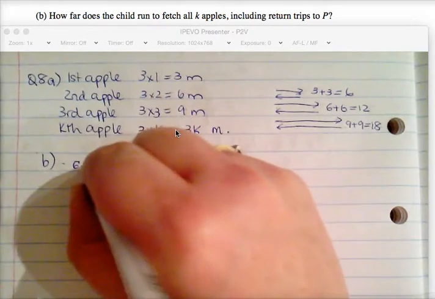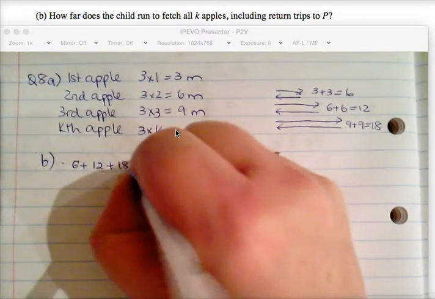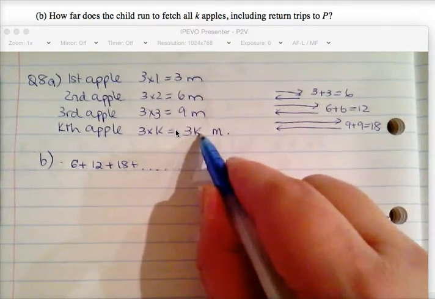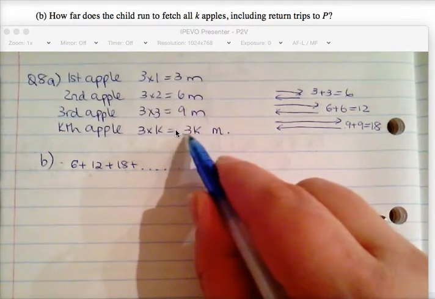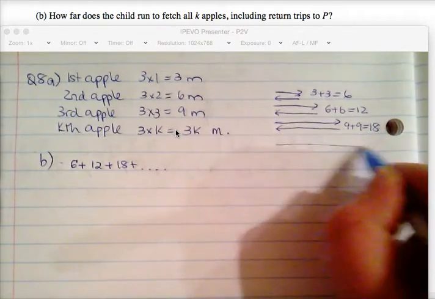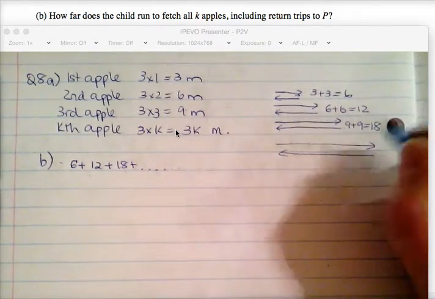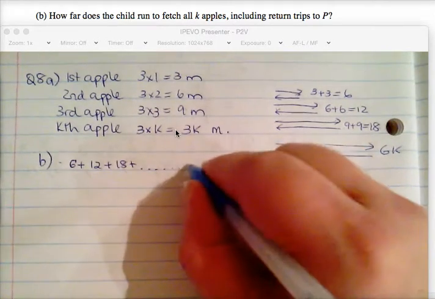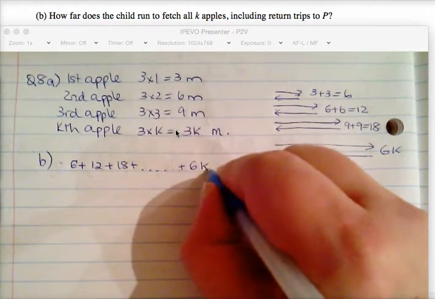So we've got 6 plus 12 plus 18 plus. We know that to get the kth apple, it's 3k one way. So therefore, the return one would be 6k, okay? Plus 6k.